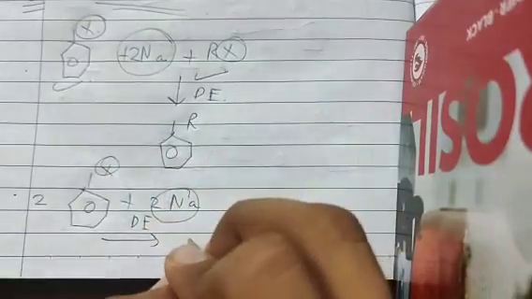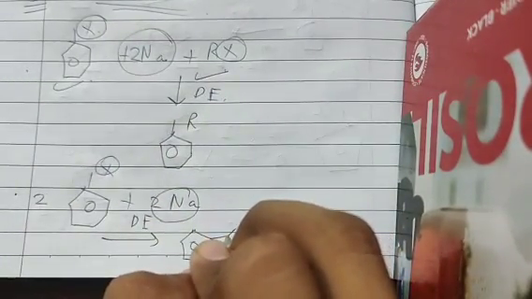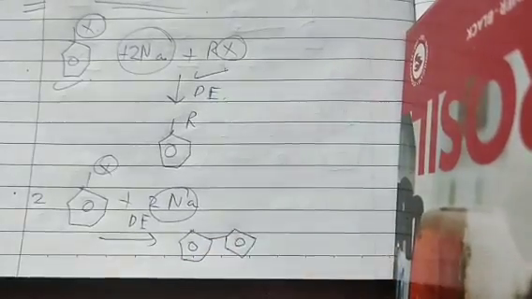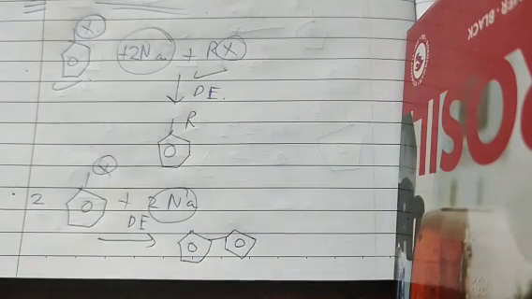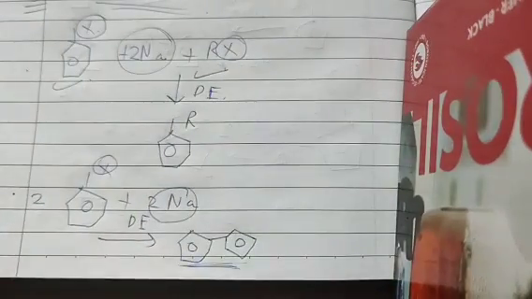This is the Fittig reaction. The 2Na and the X will be removed, and I will be getting these 2 benzene rings joined. This is known as diphenyl, and this reaction is the Fittig reaction.